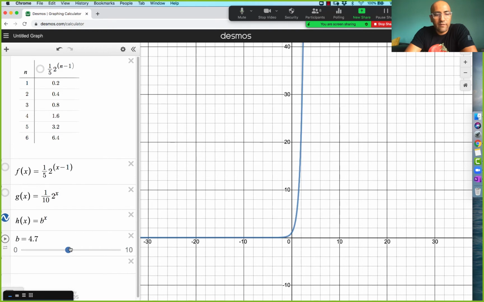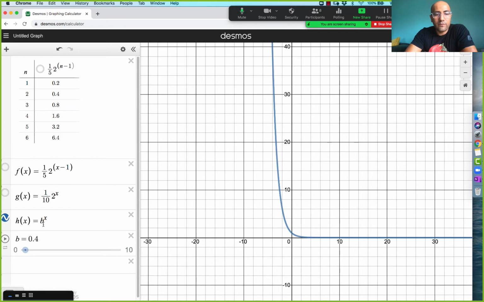Here we have 4.7 to the x power, 6 to the x power, 7.2 to the x power. And when that base value is equal to 1 exactly, we have a horizontal line. And when the base value b is between 0 and 1, it goes in the other direction. It goes like that.